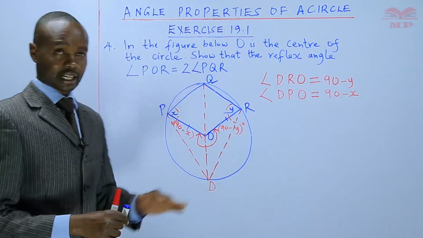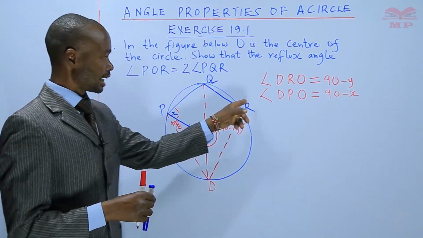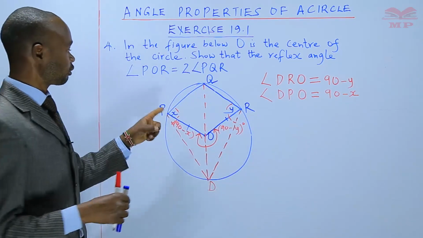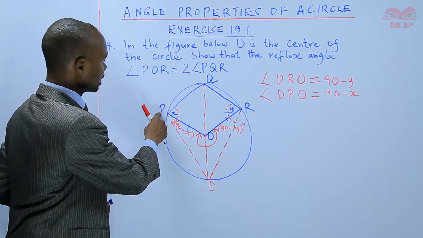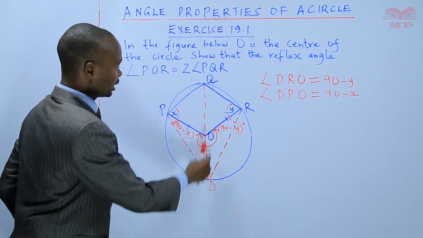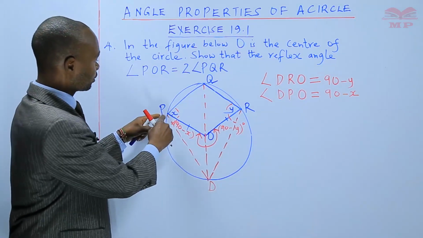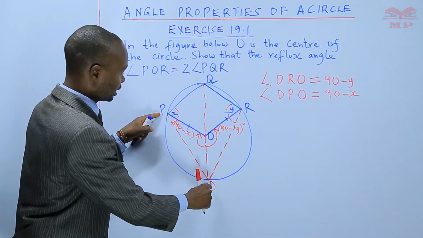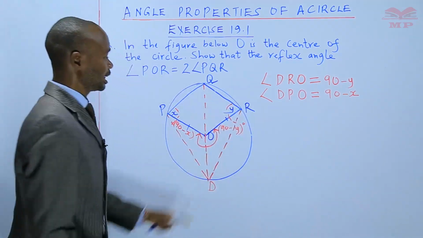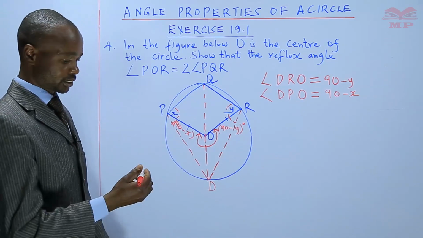So let's go straight to getting our reflex angle POR. If you look well at the diagram, angle POR, that reflex angle, is the sum of two angles, POD and DOR. Isn't it? From the diagram, if I have POD and I add ROD, I'll get the value of the reflex angle.